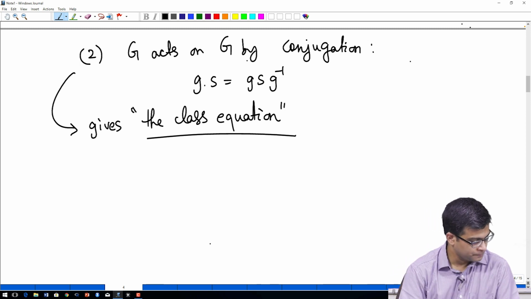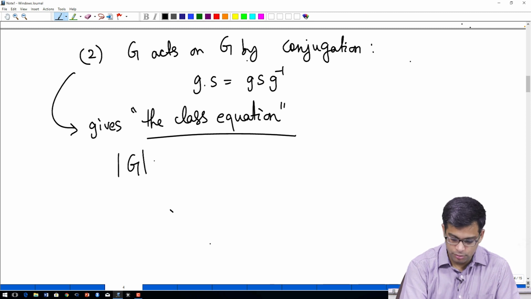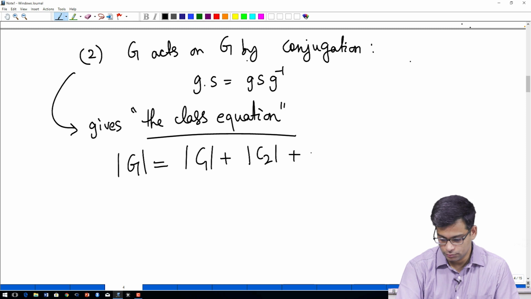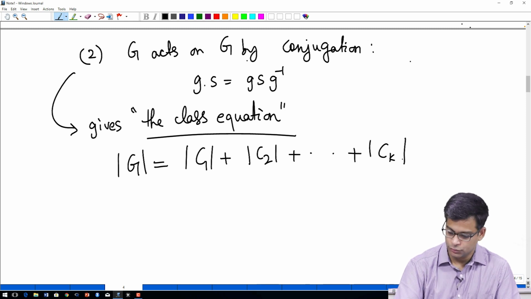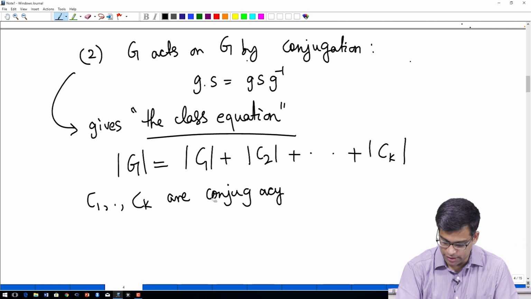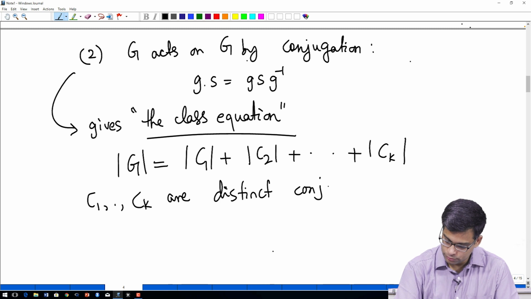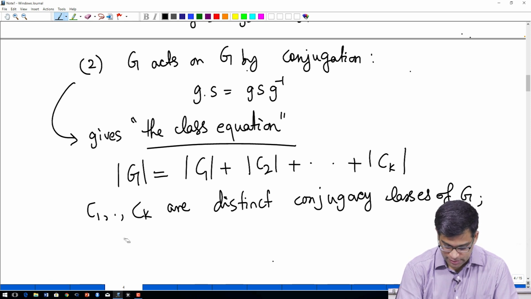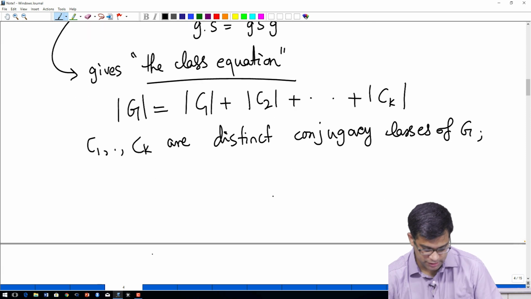What is the class equation? We can write the order of G as the sum of the orders of conjugacy classes. C1 through Ck are the distinct conjugacy classes of G. Recall, what is a conjugacy class?